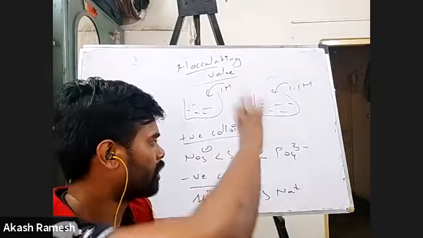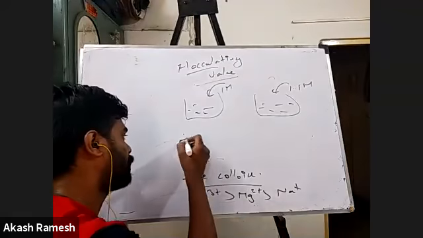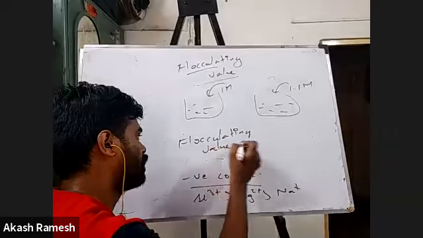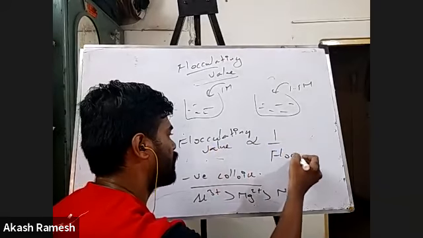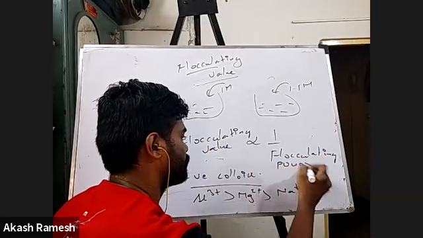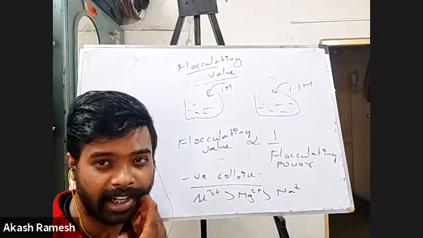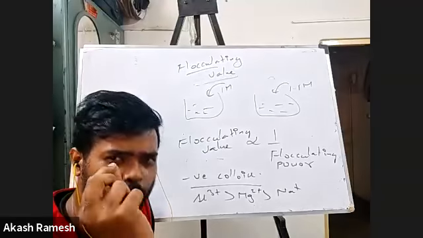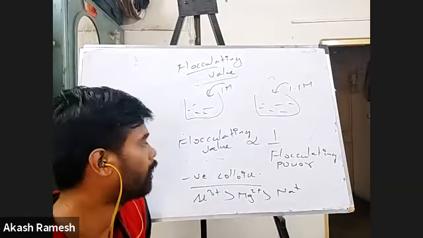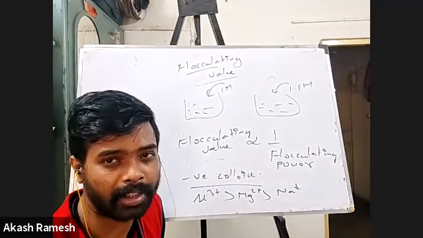So it's very easy to understand, guys: flocculating value and flocculating power are inversely related. Smaller amount itself should be able to give higher coagulation.